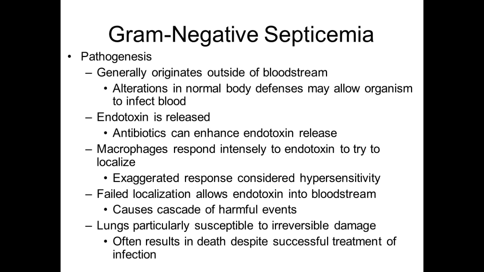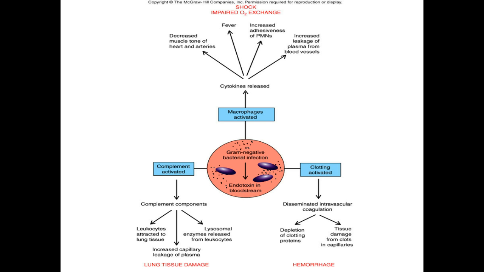So if we have a local infection and we're not able to maintain it, then those toxins get into the bloodstream, and we've got a widespread problem now. Lungs particularly are very susceptible. And again, damage to our lungs is irreversible. And then, as I said, often death will result even despite treatment.